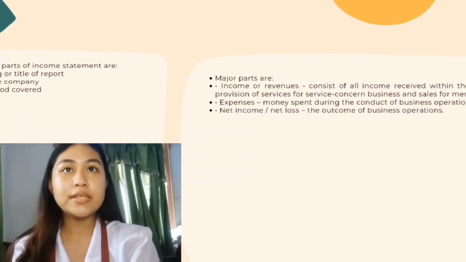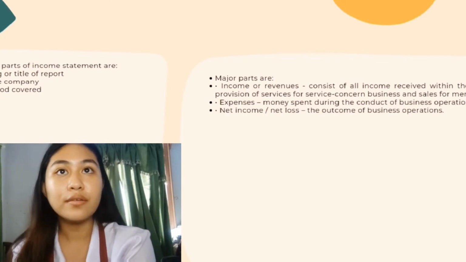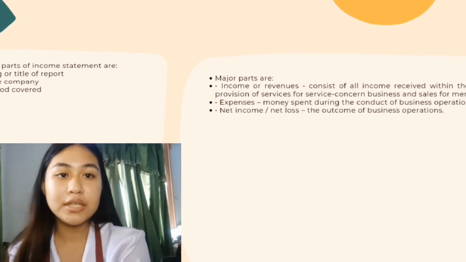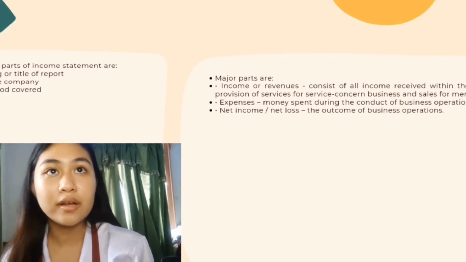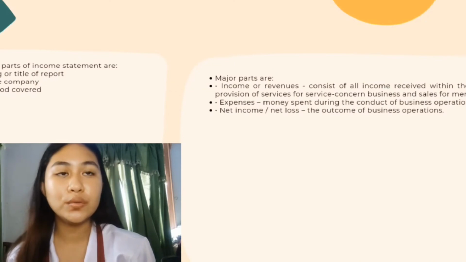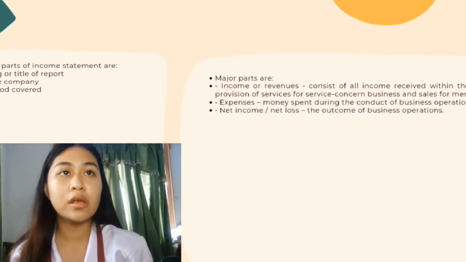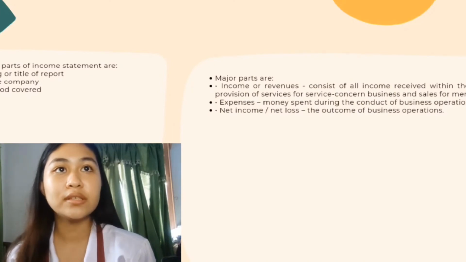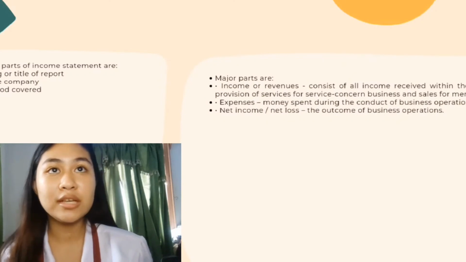So the income statement consists of the heading or title of report, name of the company, date or period covered. So the major parts are income or revenues, consist of all income received within the period upon provision of services for service concerned business and sales for merchandising.